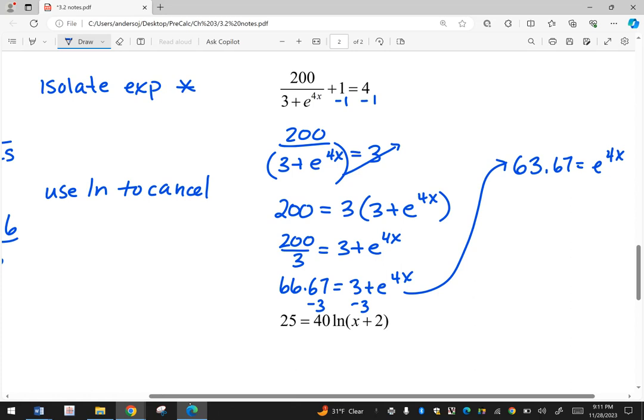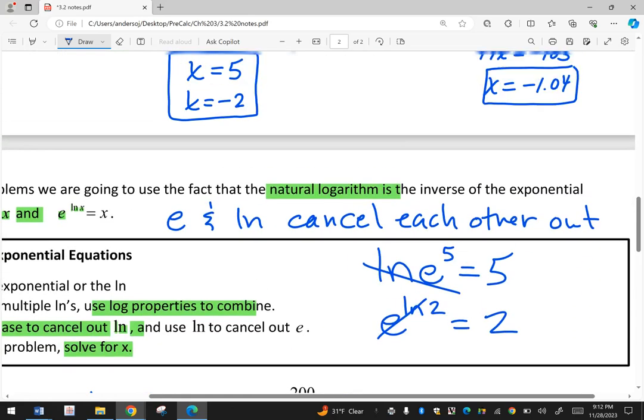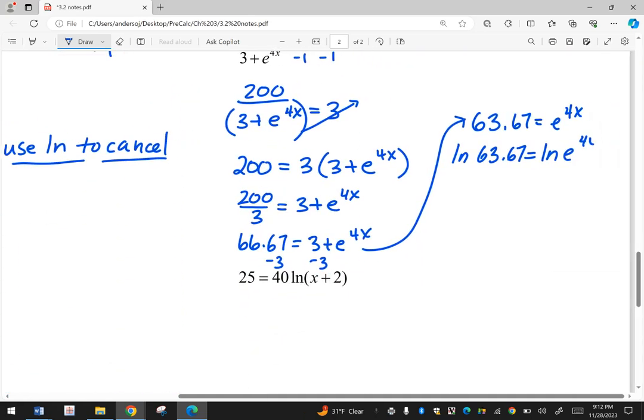So now it's time to go ahead and use the ln to cancel that out. So I'm going to use ln, again, on the left side and the right side here as well. So I would have ln of e to the power of 4x. Again, when we use that e and that ln next to each other, they're going to cancel each other out.